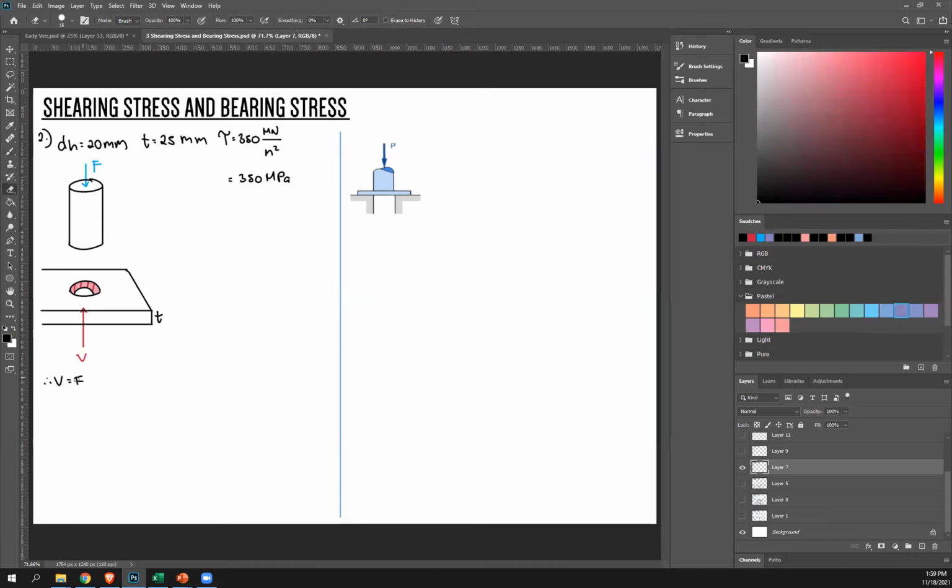Now that we've figured out what V is, you can use your working stresses. So shear stress equals V over A. V is just your F, your applied force, and A is the cross section, the shear area. Can anybody tell me what's the equation for this shear area for a hole?